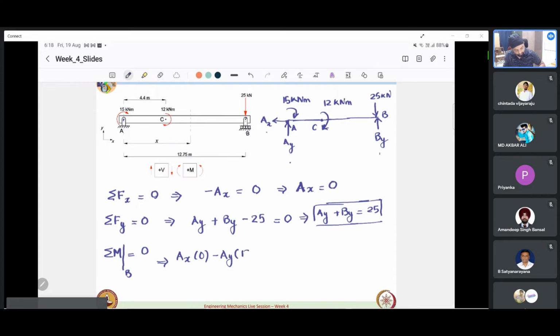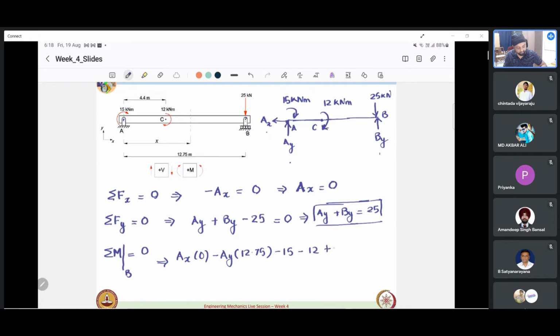Why is this negative? Because this is clockwise, as we had discussed last time. And then what else is there? We have 15 kilonewton meter, which is also clockwise. And then we have 12 kilonewton meter at C, which is also clockwise. And do we have any contribution from this 25 kilonewton force or By when we are taking moment at B? It would be 0.